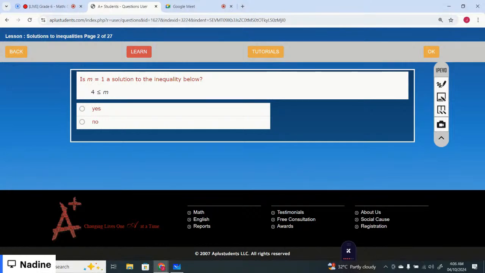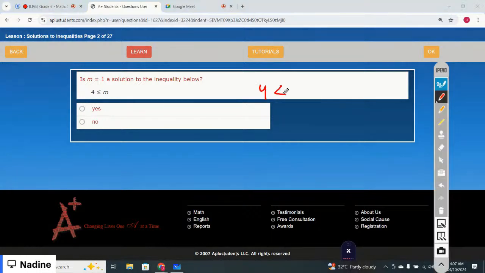Is m equals 1 a solution to the inequality below? So which is the correct option? Let's see, 4 is less than or equal to m. Replace the m with the value 1. 4 is less than or equal to 1.